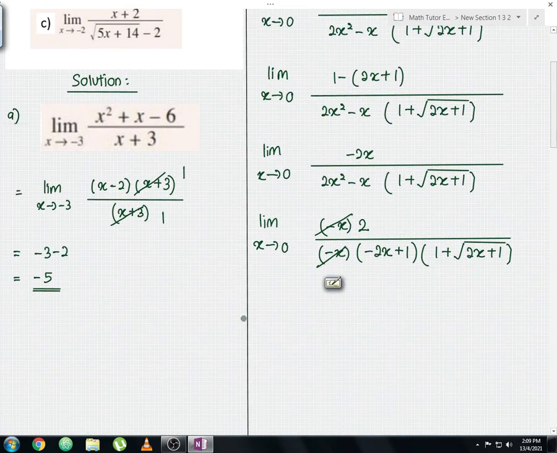So you only left with limit x approaches 0 to, you divide with negative 2x plus 1. Okay, and then you times with 1 plus square root 2x plus 1. Okay, let me underline the fraction and underline the square root line.